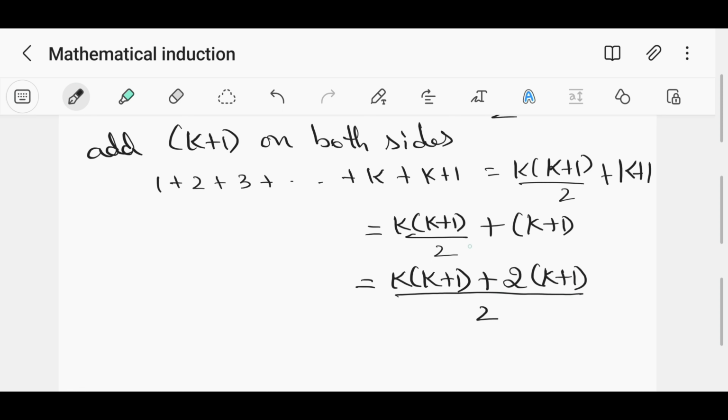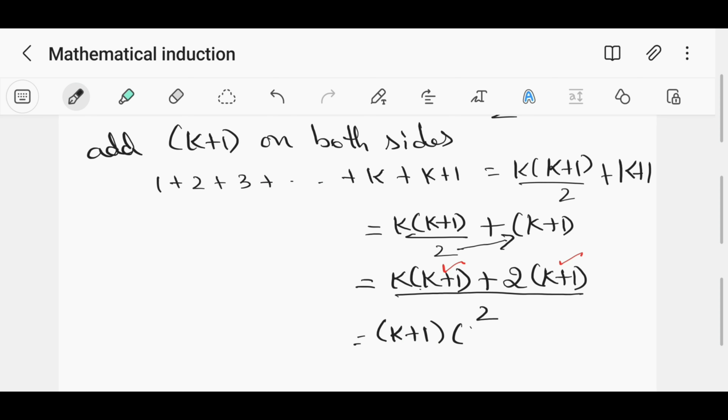So when you are taking the LCM, this 2 goes here, isn't it? Now here the bracket terms k plus 1 and k plus 1, this term and this term, are common. So let us take it outside. So what do we get? k plus 1 we have taken common.